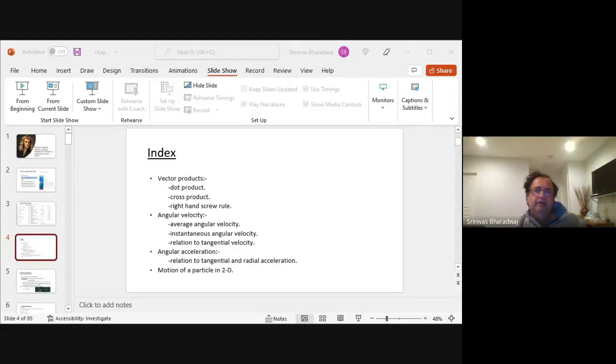So I cross I is 0, I cross J is K, I cross K is minus J, J cross I is minus K. When you go in a circle, I cross J equals K, J cross K equals I, and K cross I equals J. If you go around the cycle, it is positive.